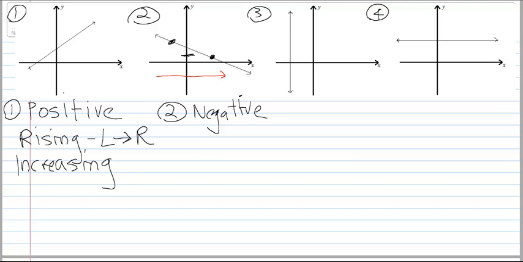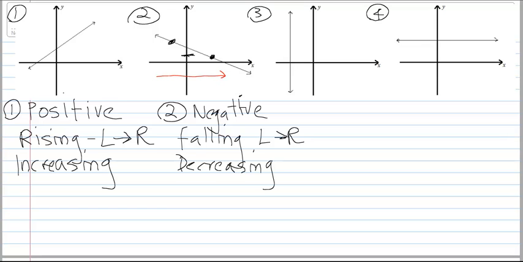Negative slope, the picture will be a falling line from left to right. We call this a decreasing rate of change, decreasing slope, if you will. And those are the two probably most common situations you see, although there are two other kinds of slopes that you may encounter.